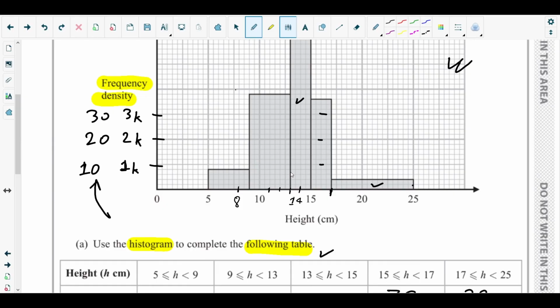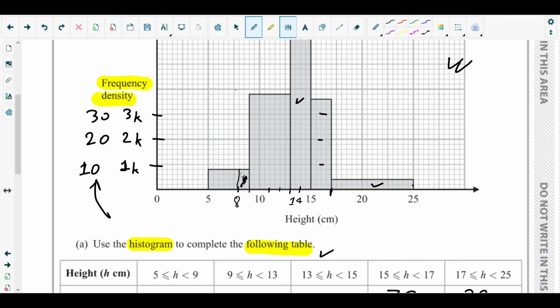Now we need to find the frequency between 8 and 14, right? How can you find that? Find the area. The first area: the class width is 8 to 9, which is 1 unit.